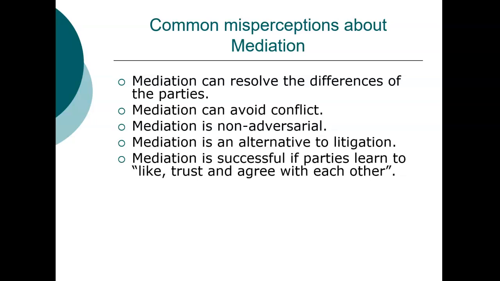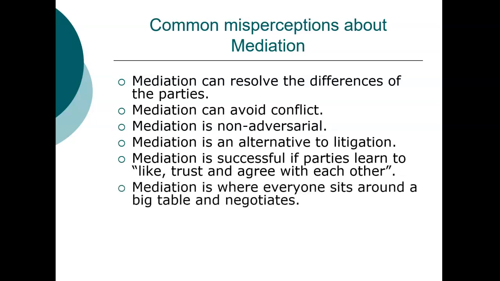They're going to have to trust each other over the solution that has been arrived at to pursue. But there may be other areas where parties are not going to trust each other. And so they're not always going to agree with each other about everything. They're going to have to agree to the solution, but there's lots of things that they may not agree with each other over.